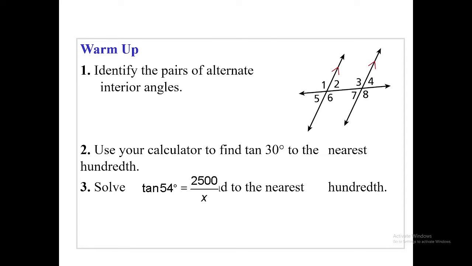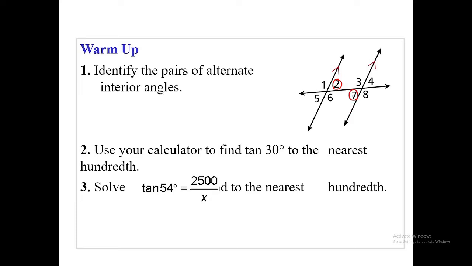Let's identify the pairs of alternate interior angles. When I say alternate interior angles, if these are your parallel lines, they are on the interior side. When I choose angle 2, the alternate is on the other side, which is 7.